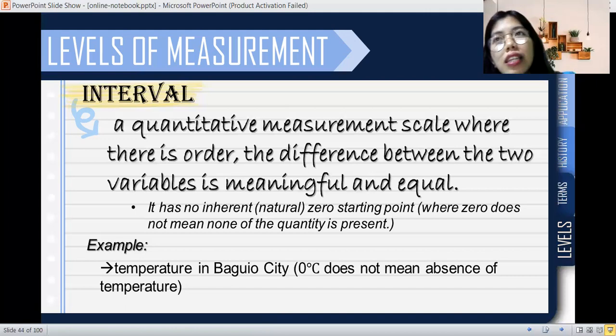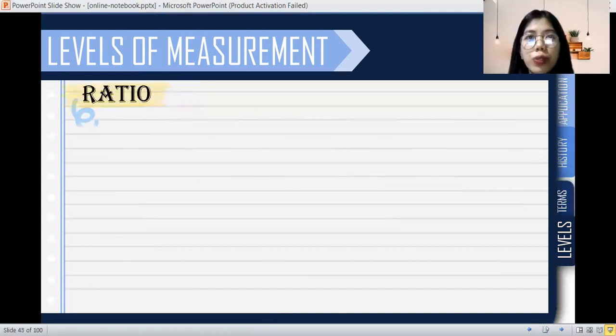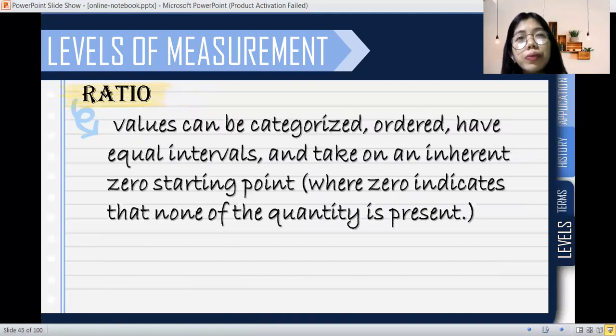And we will see its difference in the next one, which is ratio. Ratio. Values can be categorized, ordered, have equal intervals. So, the ratio has the characteristics of nominal, ordinal, and interval, and also takes on an inherent zero starting point, where zero indicates that none of the quantity is present.